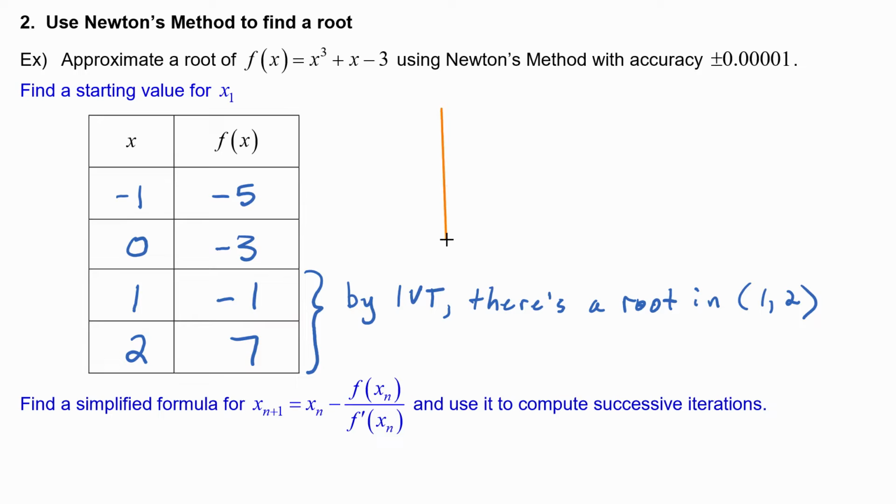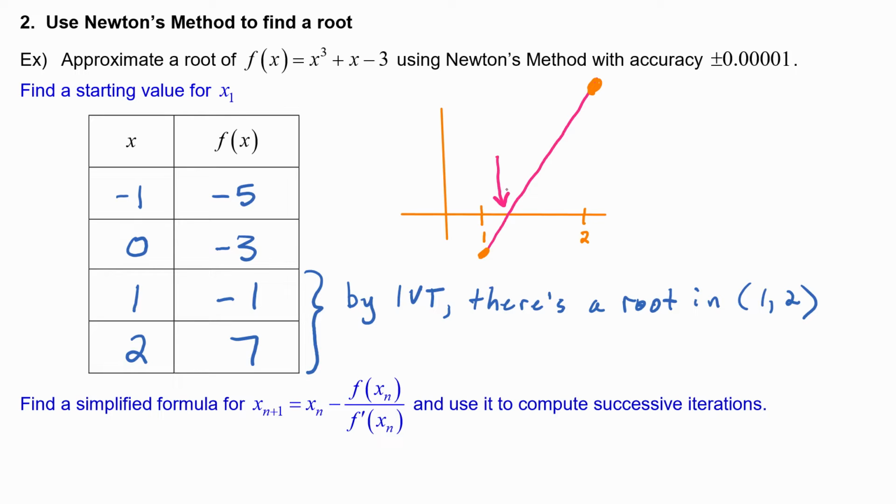Now if you think about what that would look like, at x equals 1, the y value was -1, and at x equals 2, the y value was 7. So all this is saying is that somewhere in between, it had to pass through 0 right there.